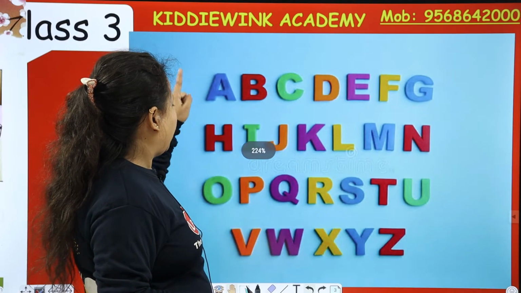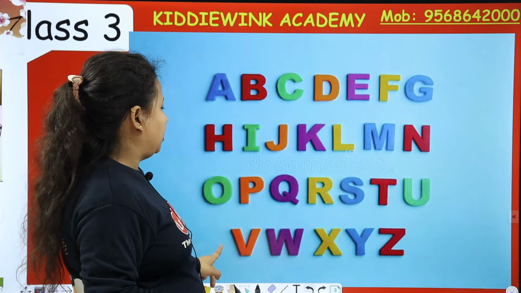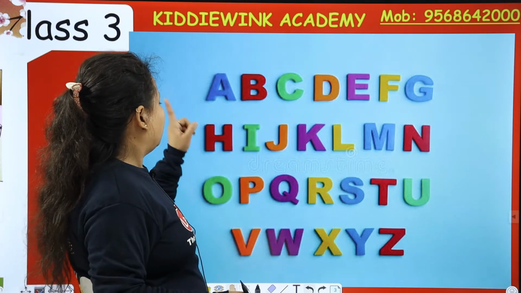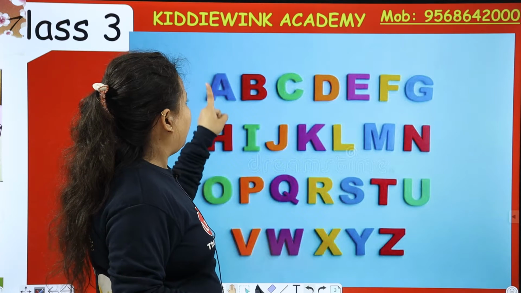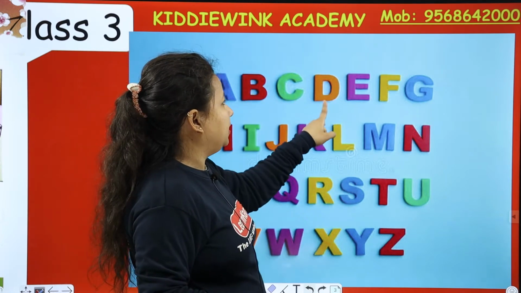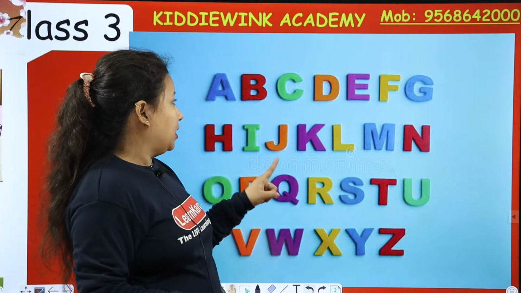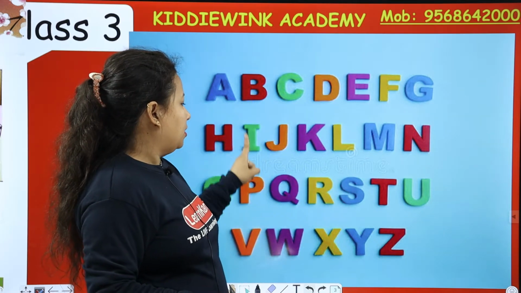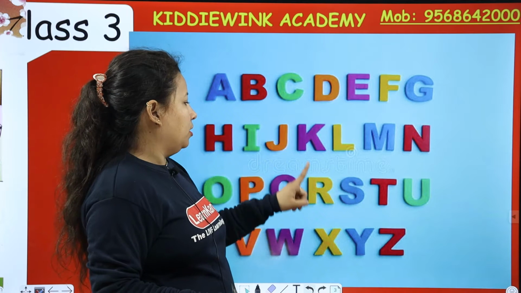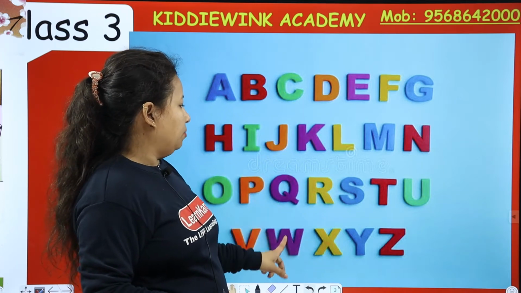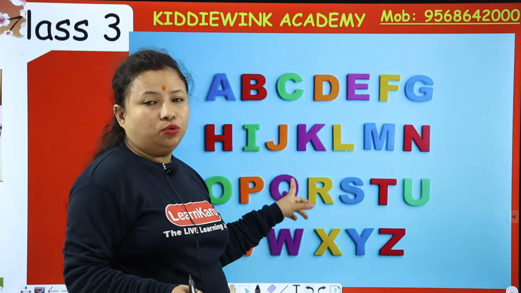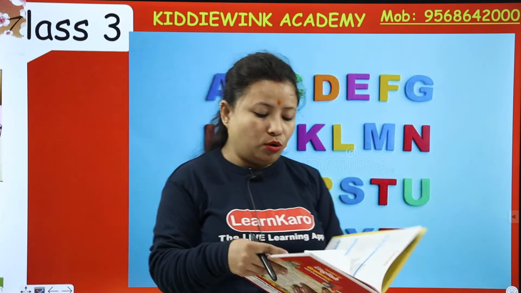You can't say A, H, O, V. This is the wrong order. We always say A, B, C, D, E, F, G, H, and we can't say B, I, P, J or V, W, O, R or Q, R. So, this is the wrong order.